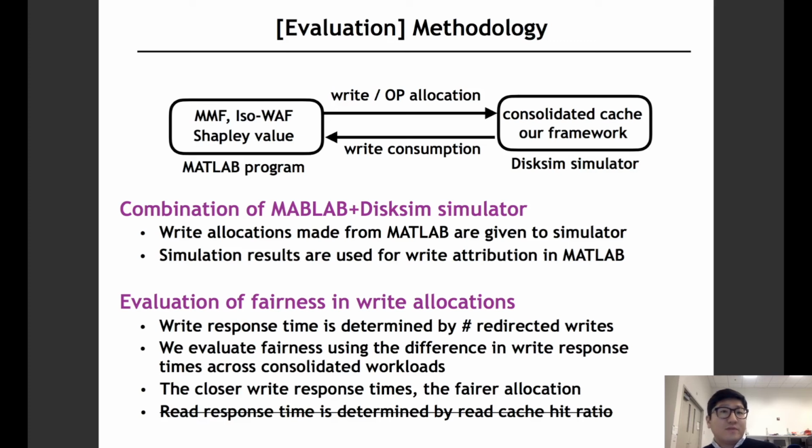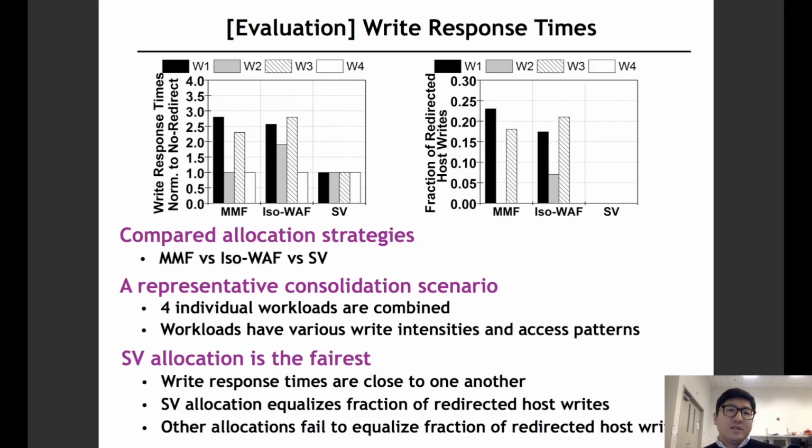The closer the write response times across workloads, the fairer the allocation. Read response time of a workload is determined by its read cache hit ratio, which is out of our interest in this work. Since even OP partitioning may not be feasible, we compare maximum fairness, IJO-WAF, and Shapley value.